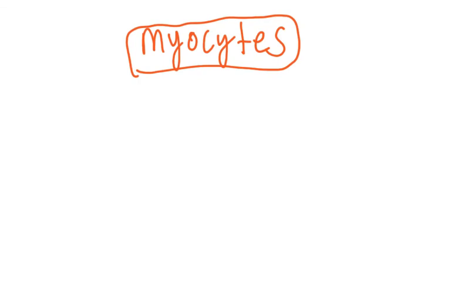So we have ACE2 receptors on the myocytes of the heart, and remember in our part one video, the pathophysiology of the COVID-19 video, we said that the SARS-CoV-2 virus enters through its S spikes. Let's go and draw that.